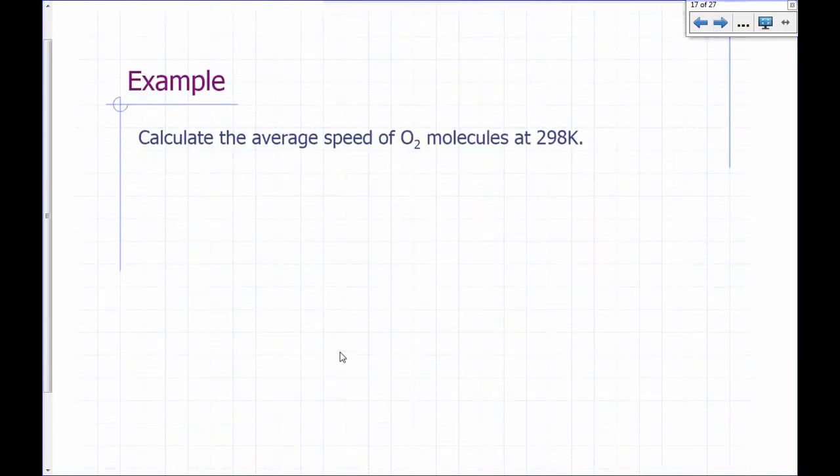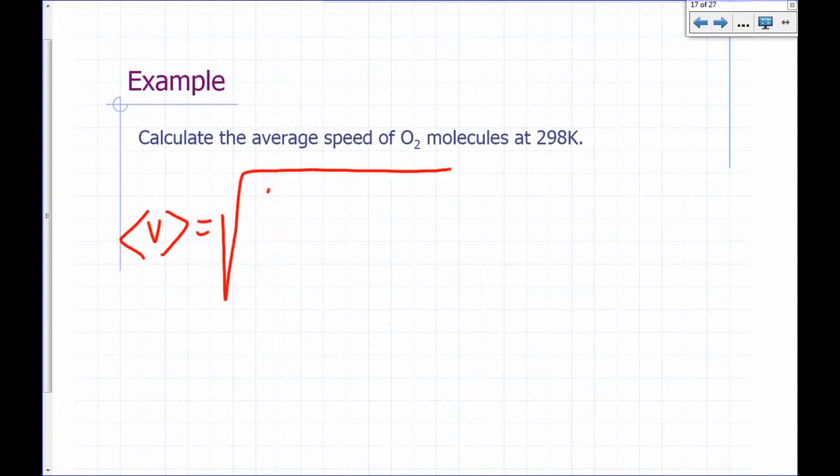Let's actually calculate the average speed of O2 molecules at 298 Kelvin. So the average speed is the square root of 8RT over pi times the molar mass. I want to give this specific example because I want to show you how the units work out, okay?